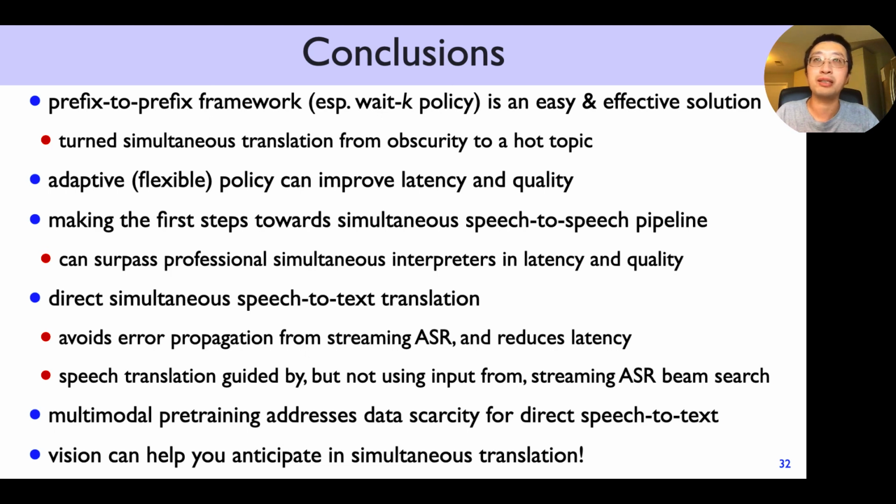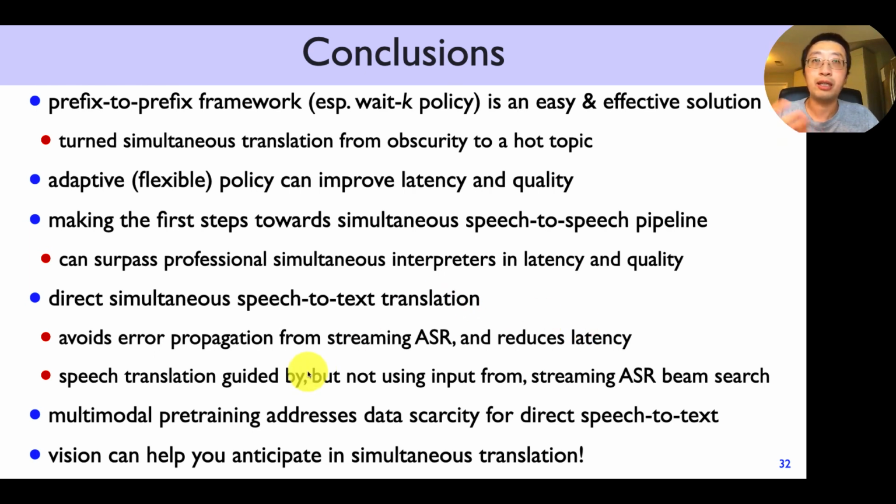And the adaptive policy is more dynamic and more flexible than the wait-k policy, and can improve latency and quality. And we're also making the first steps towards a simultaneous speech-to-speech pipeline approach, which can surpass professional simultaneous interpreters in the United Nations, even though it's a very unfair evaluation in both latency and quality. And we're also making steps towards direct, that means end-to-end, not pipelined, simultaneous speech-to-text translation systems.